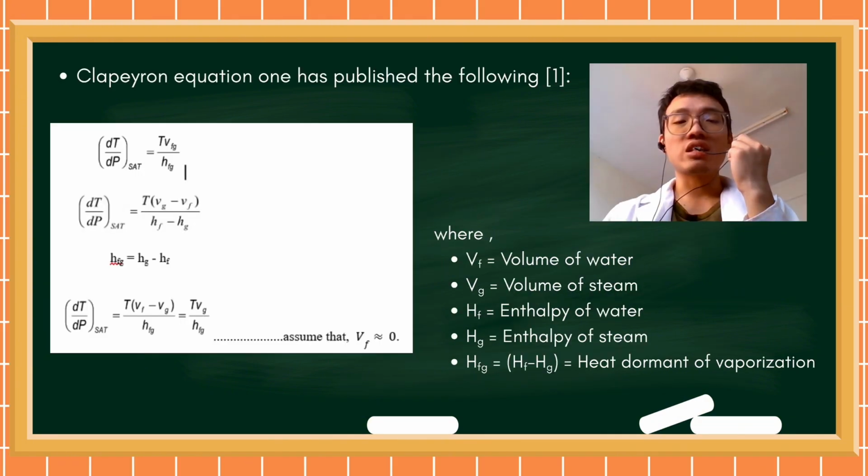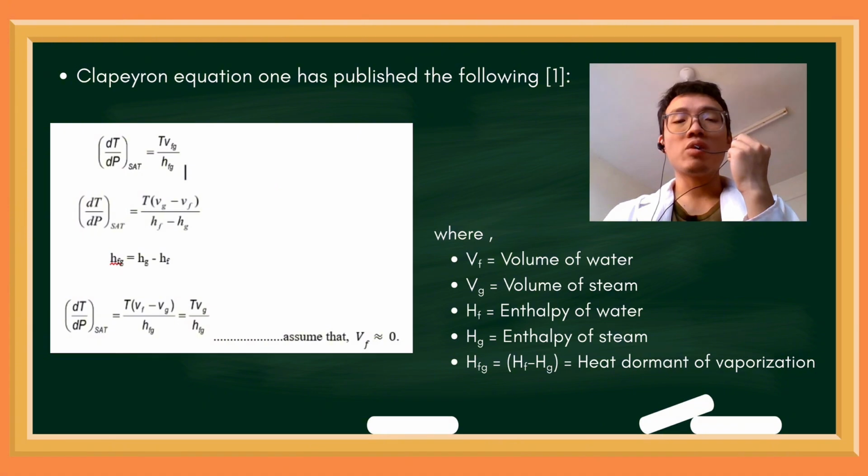The equation is described as follows: dT over dP on the saturation line is equal to temperature times the change in specific volume over the change in specific enthalpy. We assume that the specific volume of the liquid, which is water, is equal to 0, because the specific volume of steam is significantly larger than the specific volume of water.